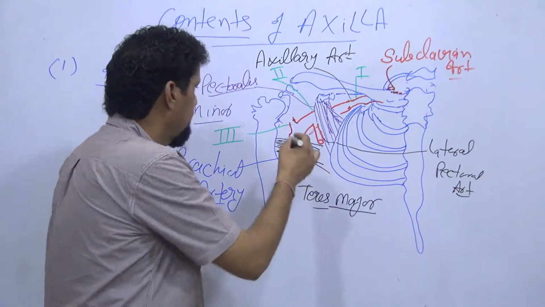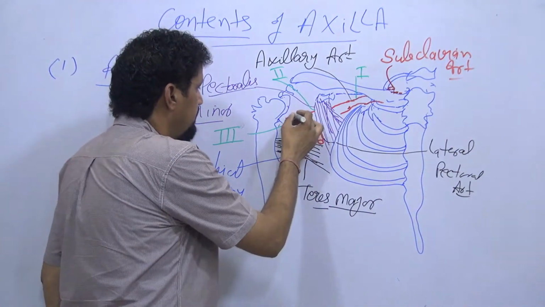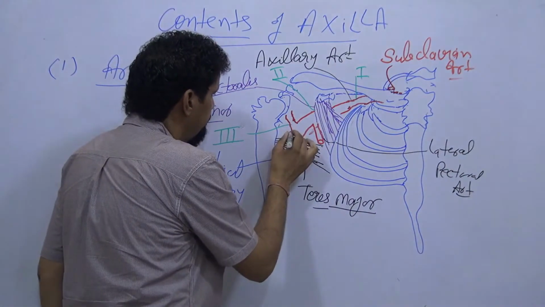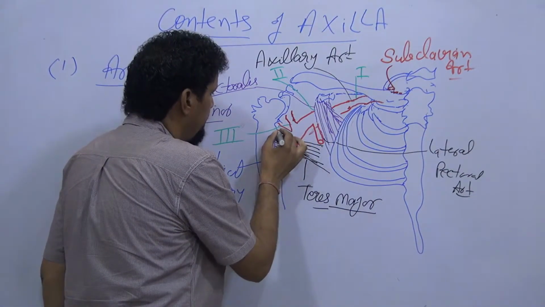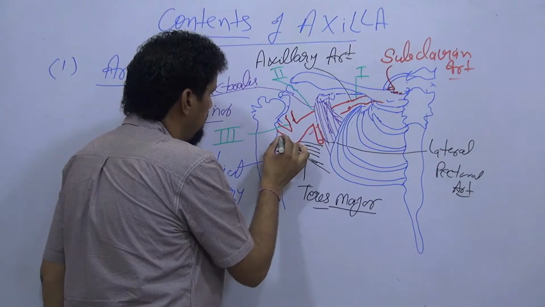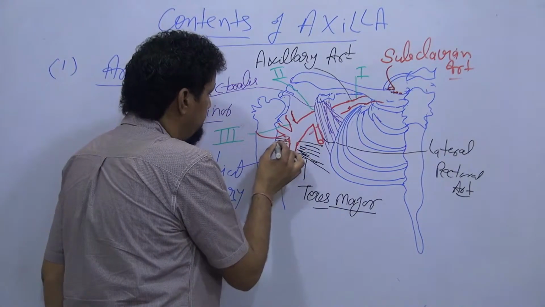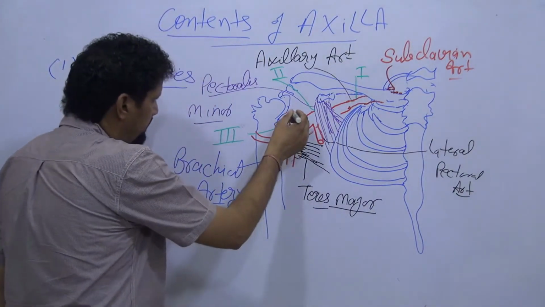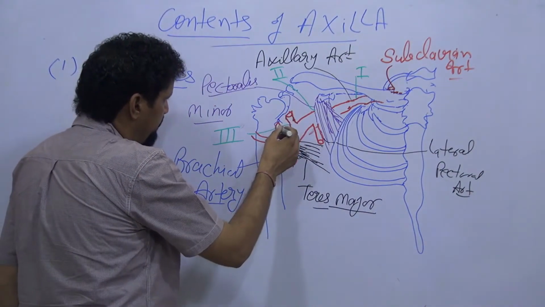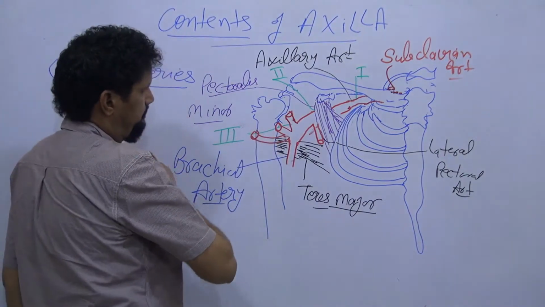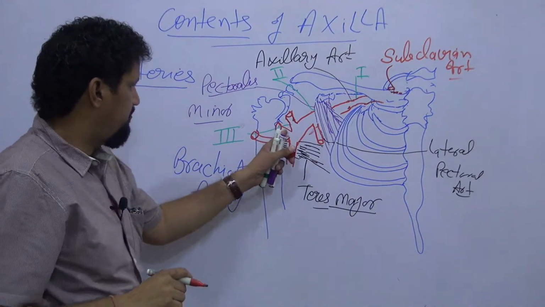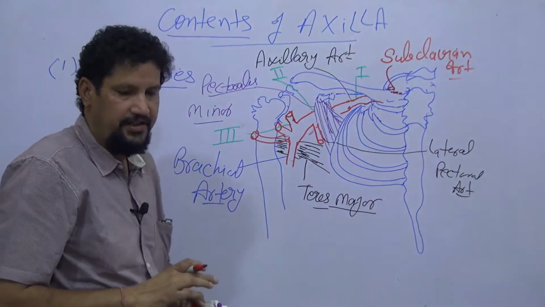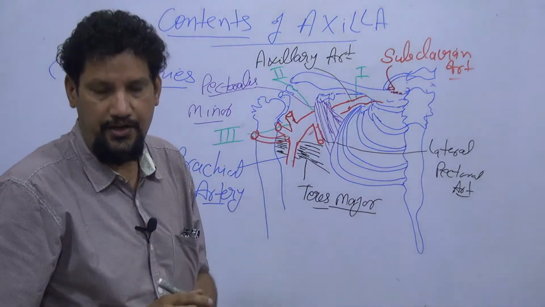So this is subscapular artery, the posterior and the anterior circumflex humeral arteries. So from third part, the subscapular artery, the posterior circumflex humeral artery, and the anterior circumflex humeral arteries.